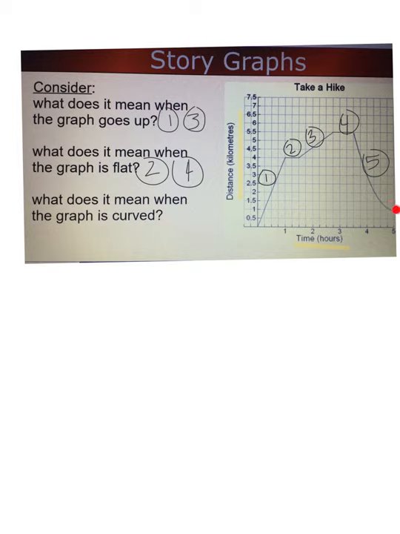And that was up until the graph ended at the 5 hour mark. So this part of the curve is very steep, and as it gets closer to 5, they slow down. It's less steep. So this person started hiking back pretty fast, and they slowed down as time went on. One can only assume it's because they got tired. So this would be section 5 of the graph.